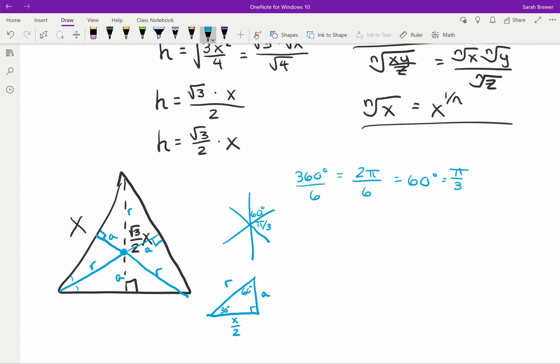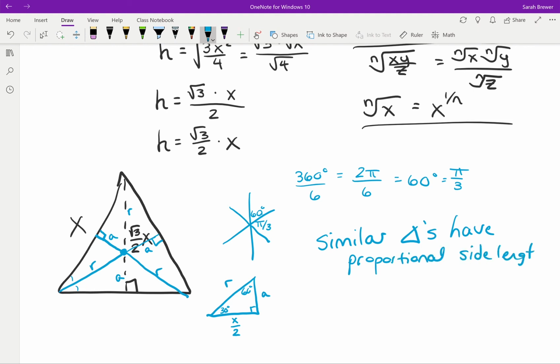And so the cool thing is that similar triangles that have the exact same angle measures have proportional side lengths. So similar triangles have proportional side lengths.